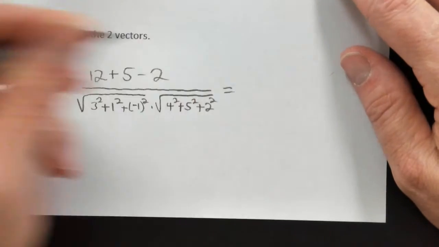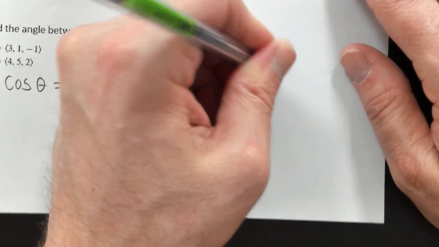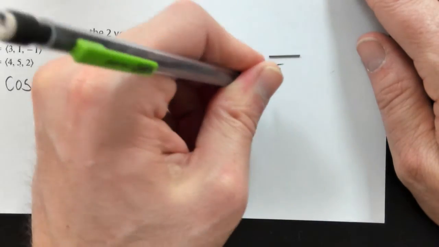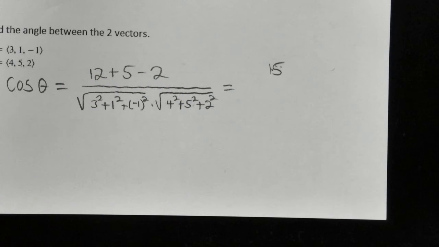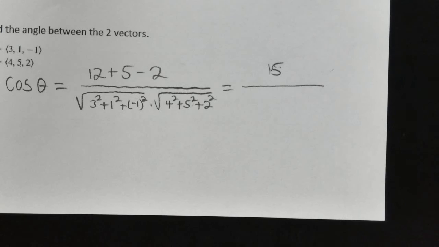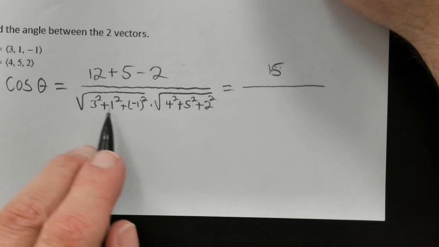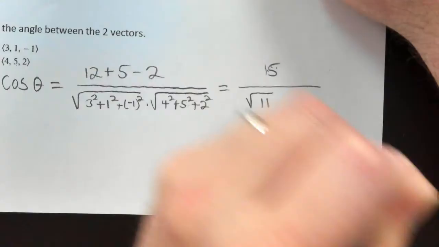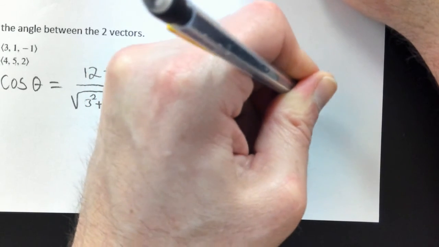So on top, that would turn out to be 15. And on the bottom, we would have square root of 11 times square root of 45.